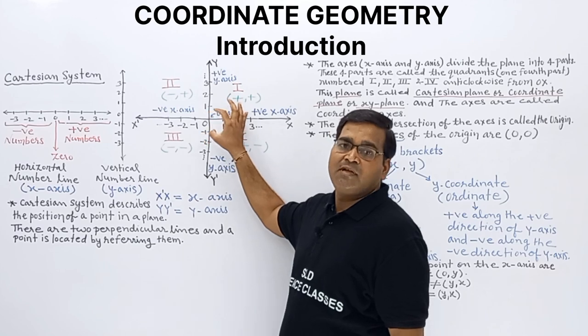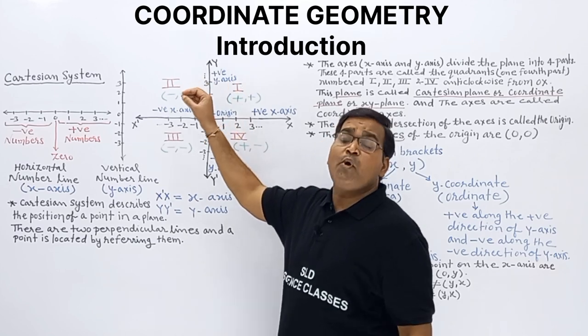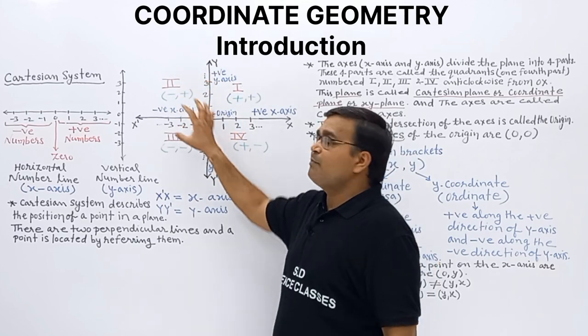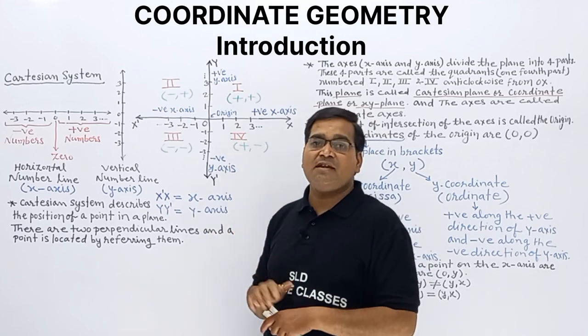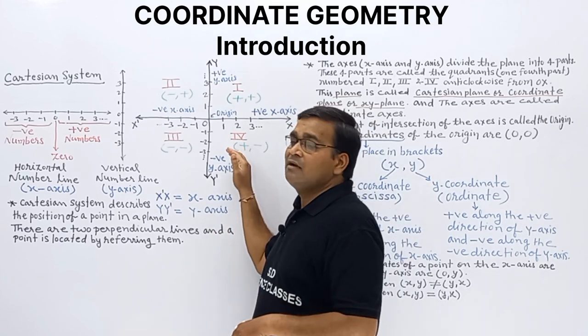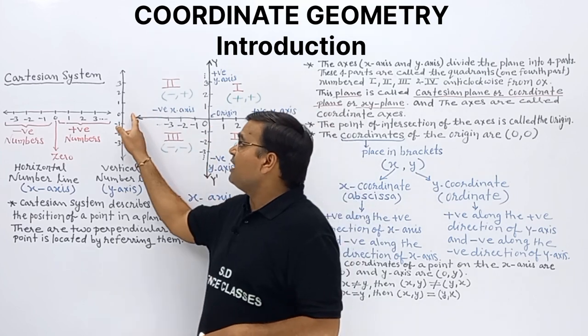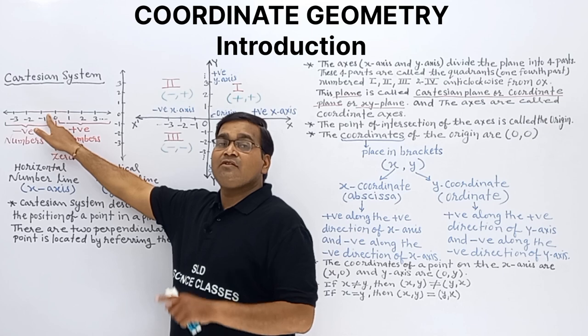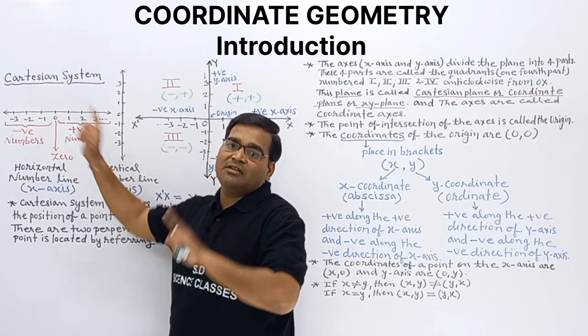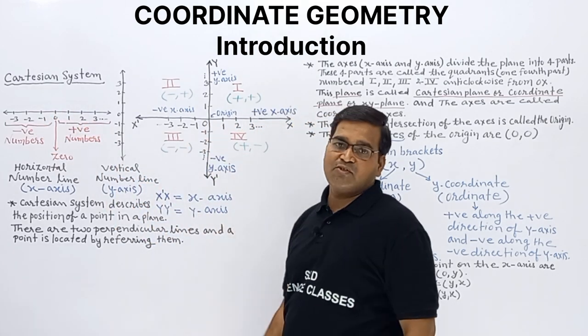We drew the Cartesian system. Now some points are on a plane. Then how will we describe their position? We will use this Cartesian system. And how are we drawing this one? We are putting a vertical number line at 90 degrees at the 0 of the horizontal number line. Then we are getting this one.